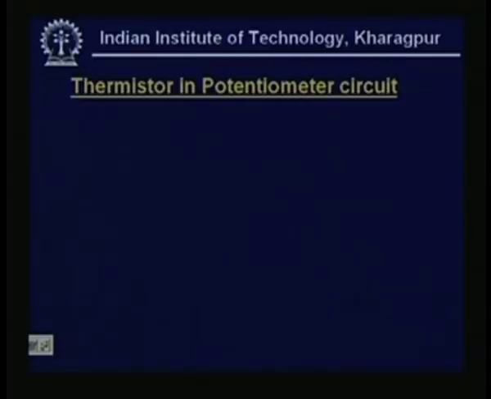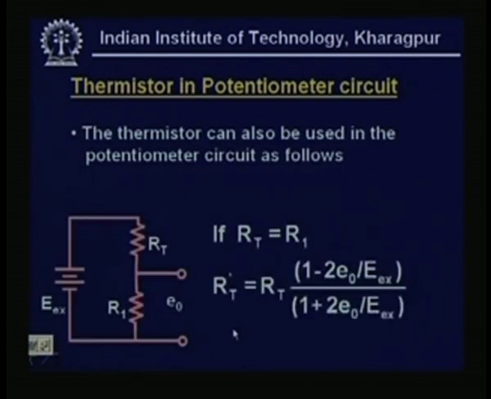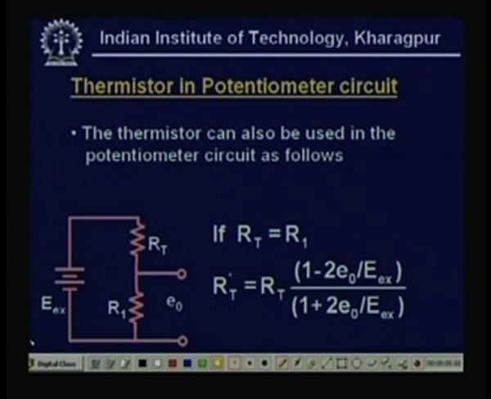Now, the thermistor also can be used in a potentiometer circuit, right. You see there are various potentiometer circuits; this is one of them, where the thermistor is used in a potentiometer circuit. This is the thermistor RT and R1.